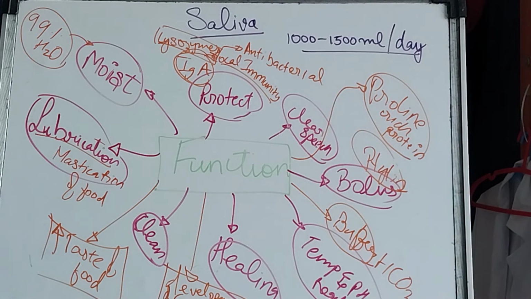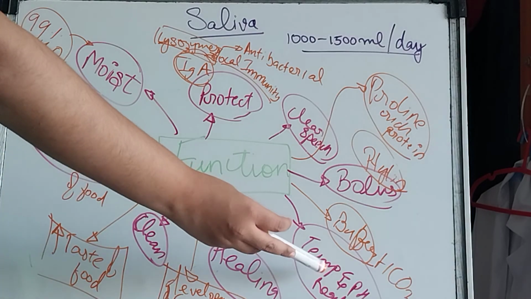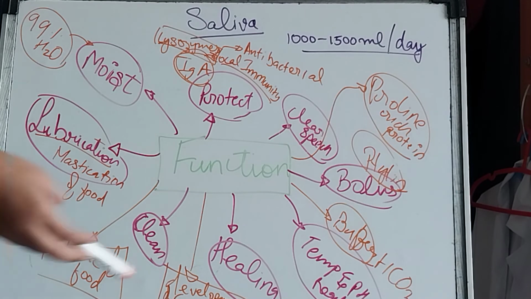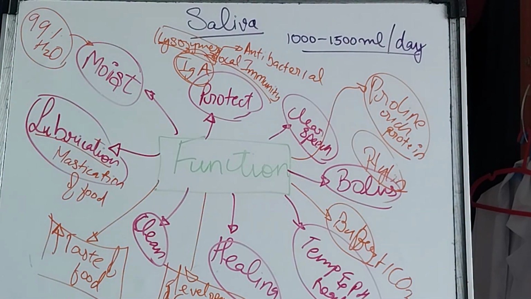So its function is it protects the enamel. Then it also helps in temperature and pH regulation. Saliva regulates the internal environment of the oral cavity like this.